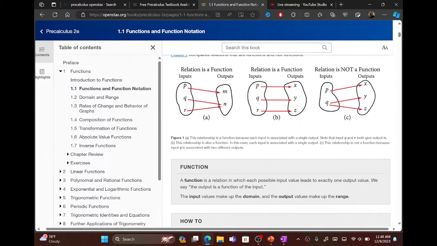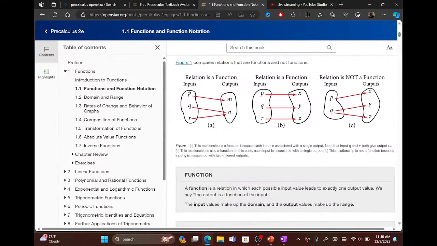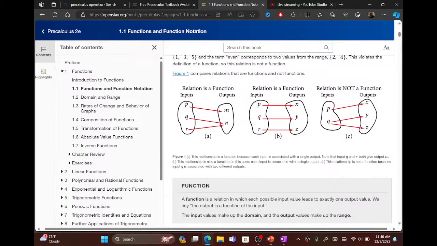Obviously, in these first three examples, we can clearly see that the first one can be a function, because even though there's this first part here, it's okay because it's only one x paired to every output.